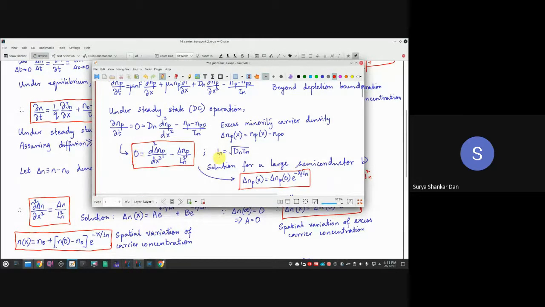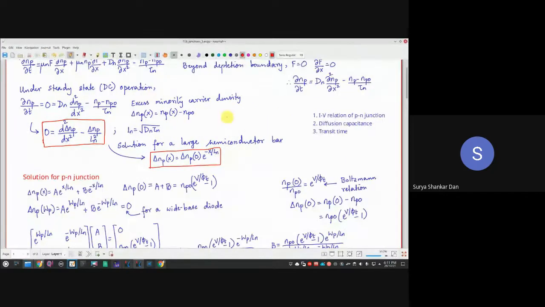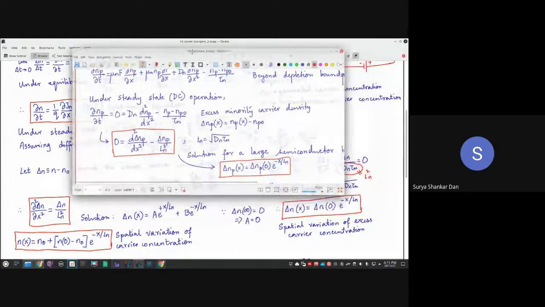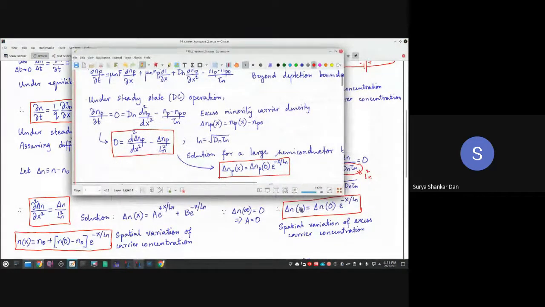Correct? Now, from here, things become different for a large semiconductor bar, which we had seen in our previous lecture, and the solution for p-n junction. If it is a large semiconductor bar, we do not have any restriction on the value of x. So this is what we got. It's the same as the relation which we saw in our previous lecture.